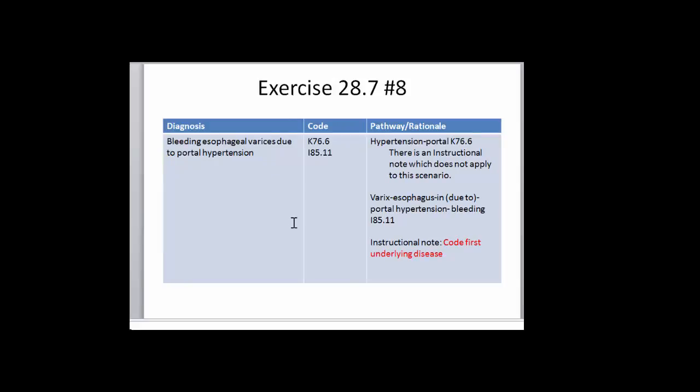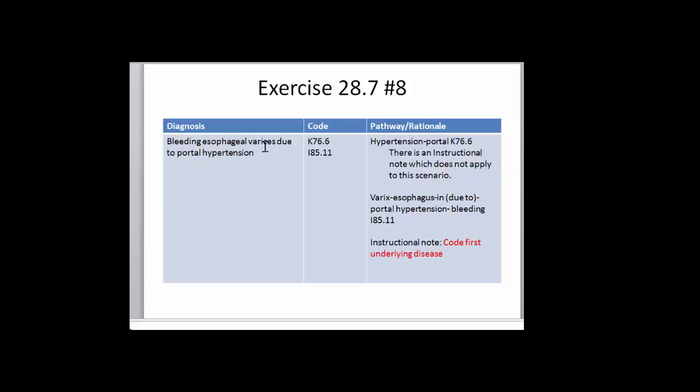Exercise 28.7, number 8, bleeding esophageal varices due to portal hypertension. Hypertension portal is a very straightforward code here. There is an instructional note in the tabular that does not apply to us, so we just simply stay at K76.1.